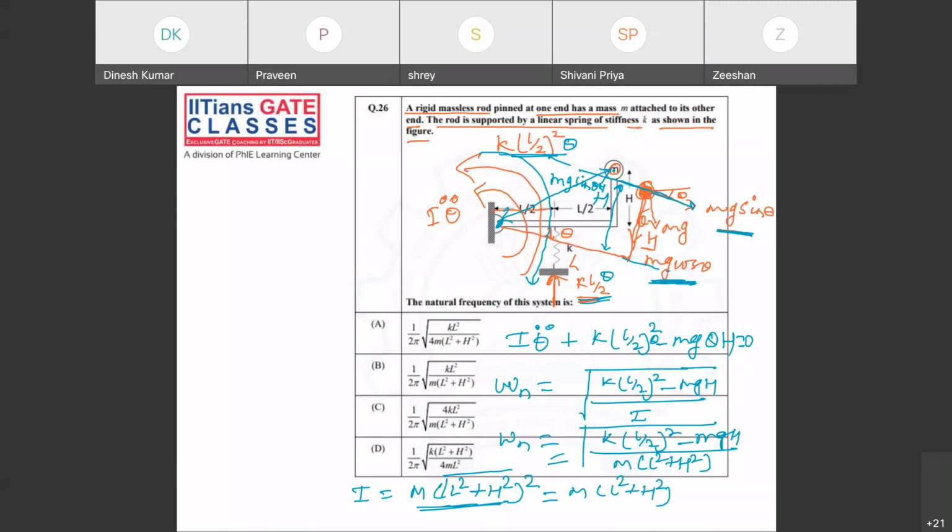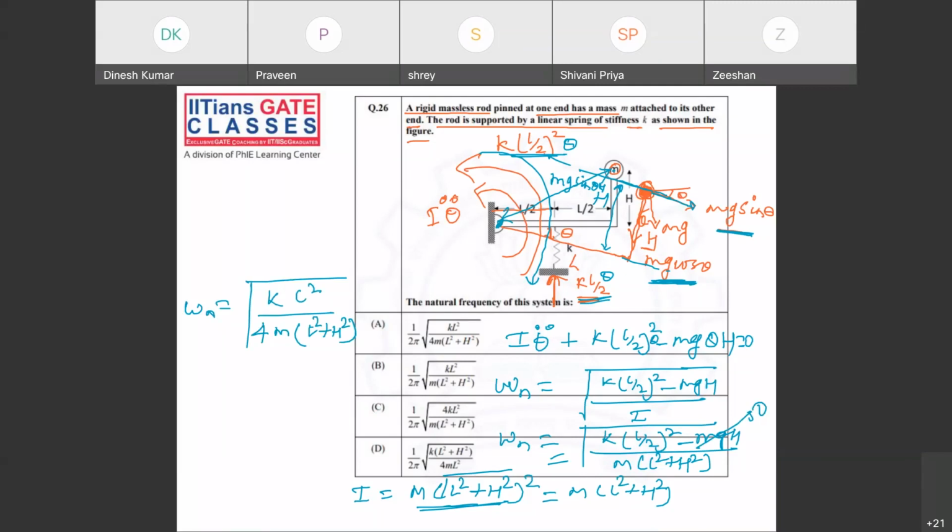So if you neglect this, your omega n will be coming as under root k L square by 4m, L square plus H square. So which is the correct answer, guys?